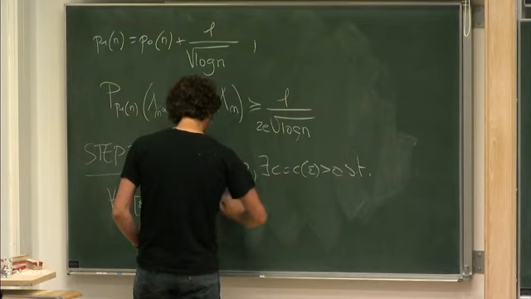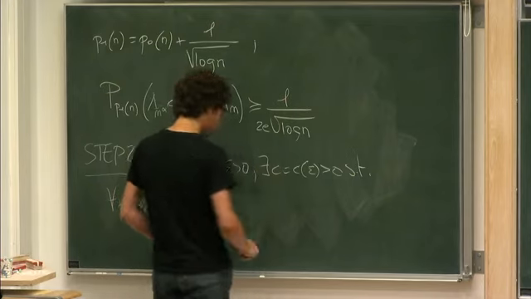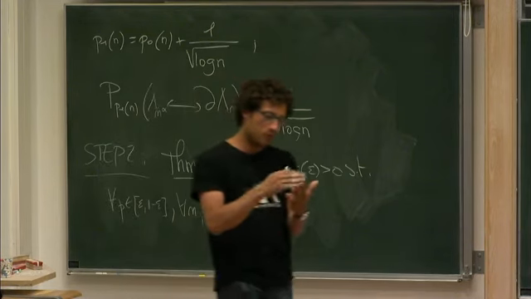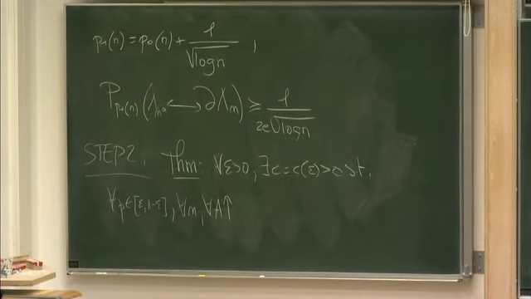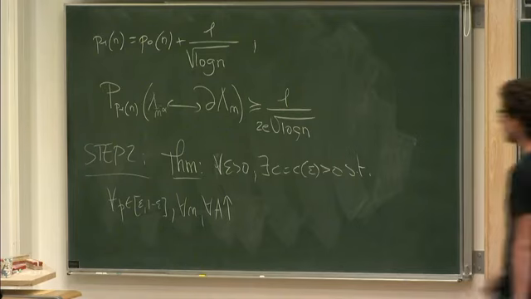any event A increasing. So an event which is increasing is an event for which when you open an edge, you remain in the event. But if you never saw that, just think of this event, okay?